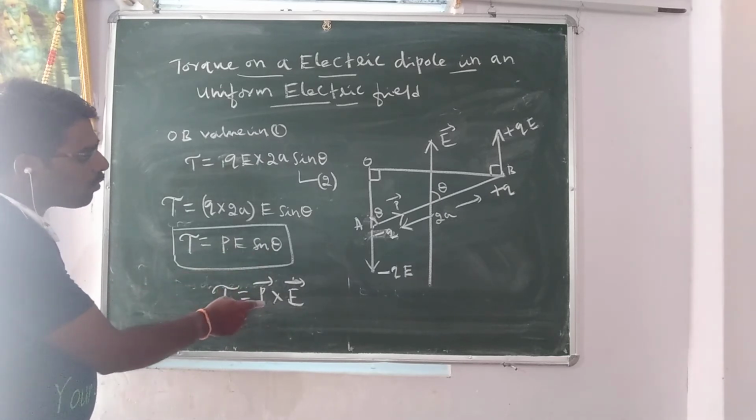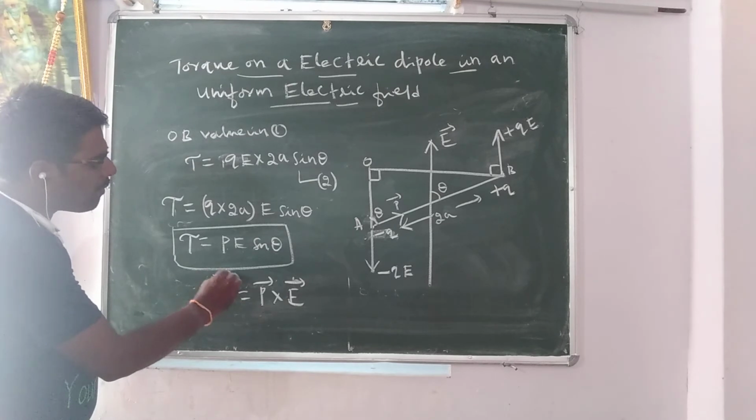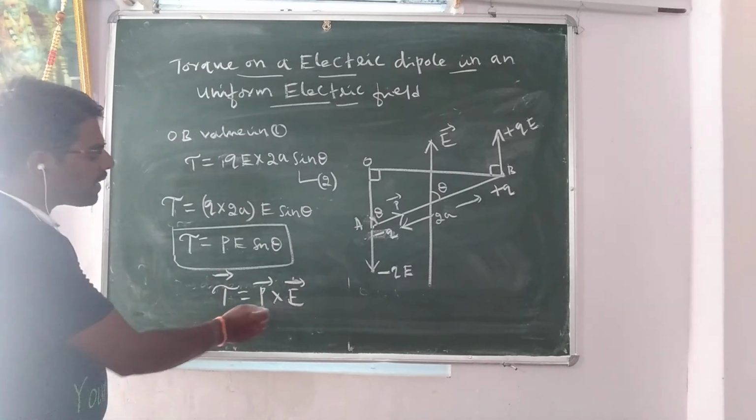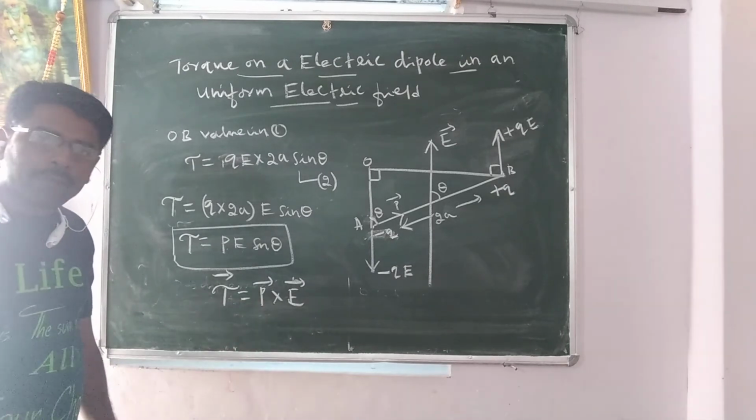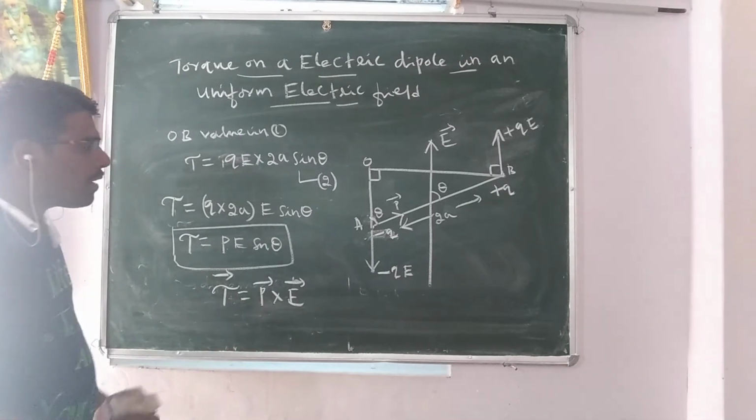Torque is a vector quantity, and the cross product of two vectors gives a vector. This is the torque on a dipole.